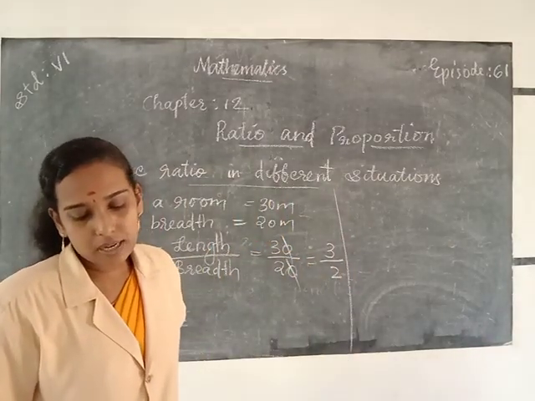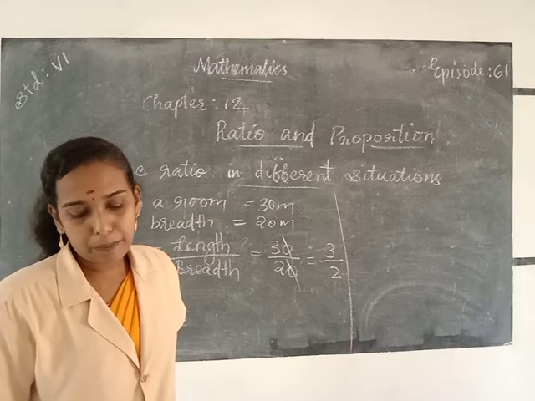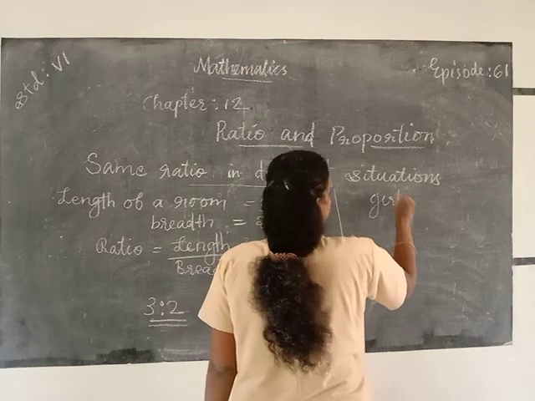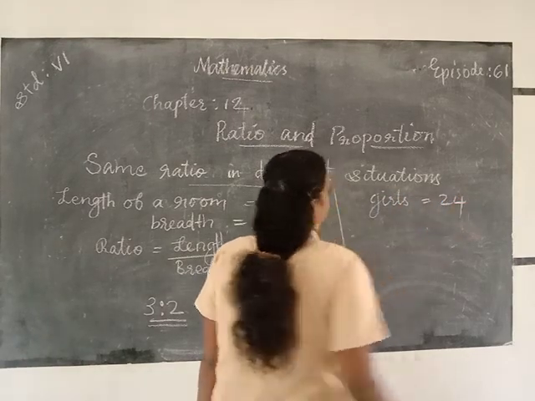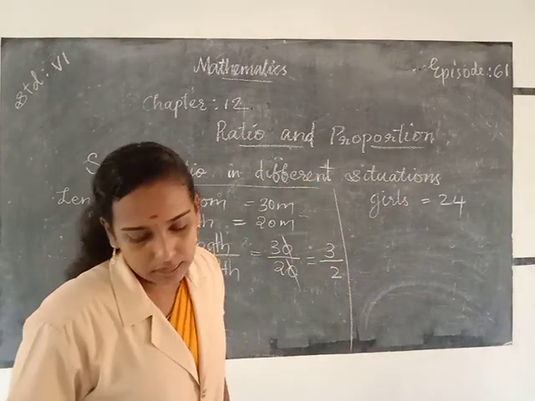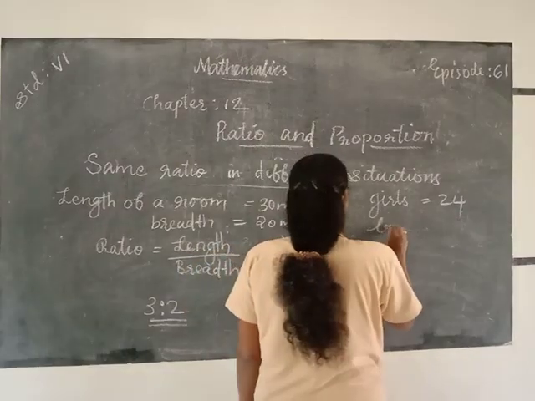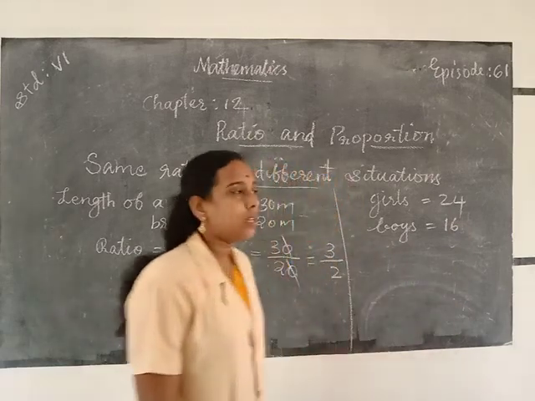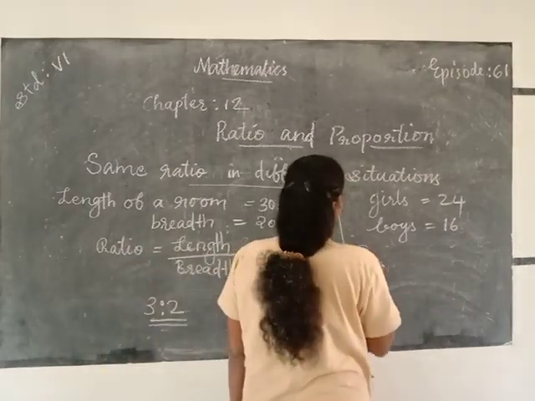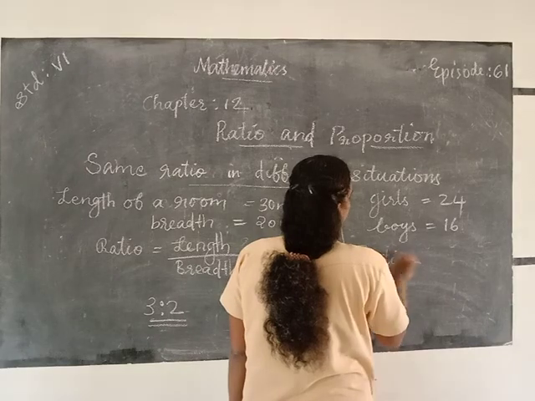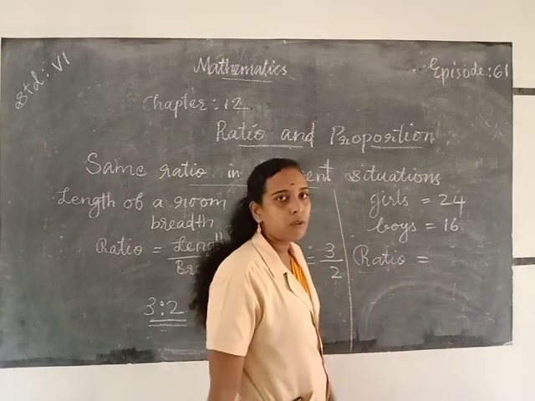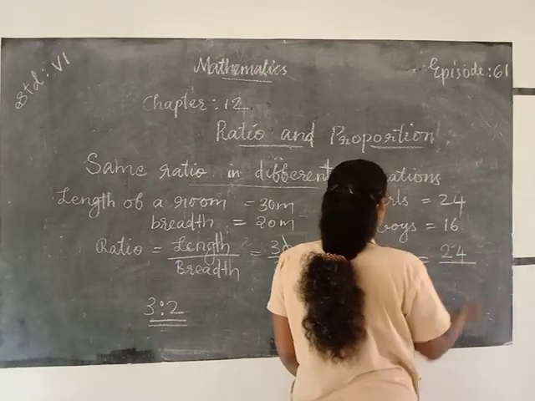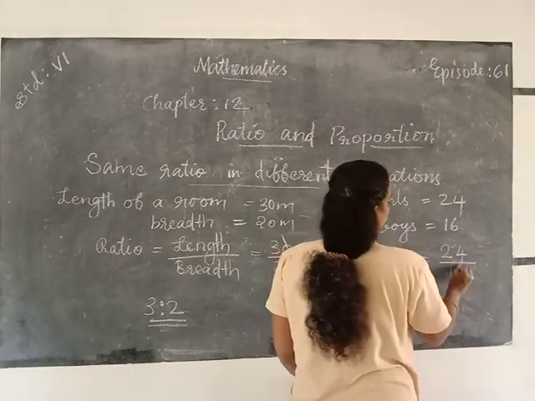For another question, there are 24 girls and 16 boys going for a picnic. So the number of girls is equal to 24 and number of boys is equal to 16. To find the required ratio, number of girls divided by number of boys, that is 24 divided by 16.